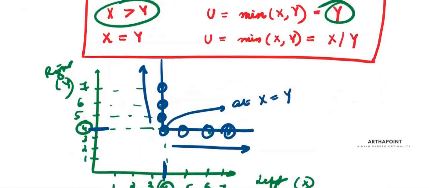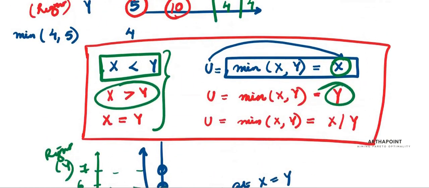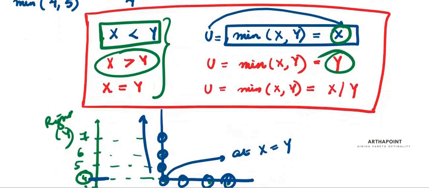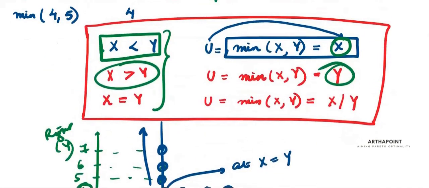So this actually defines the same L shape, which says that in the zone where x is less than y, you have your utility defined by the line where x is constant. When x is greater than y, you have a line of u equal to y.